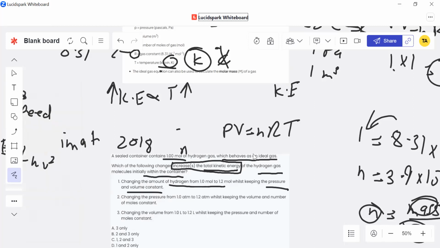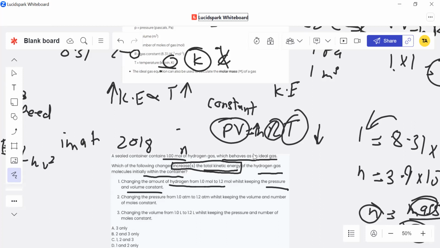So changing the amount of hydrogen means you change the number of moles, but you keep the pressure and volume constant. So these two are constant. R is also a constant, and you are increasing the number of moles. When you increase the number of moles, what will happen to the temperature? The temperature would decrease, right? Why? Because this side is a constant.